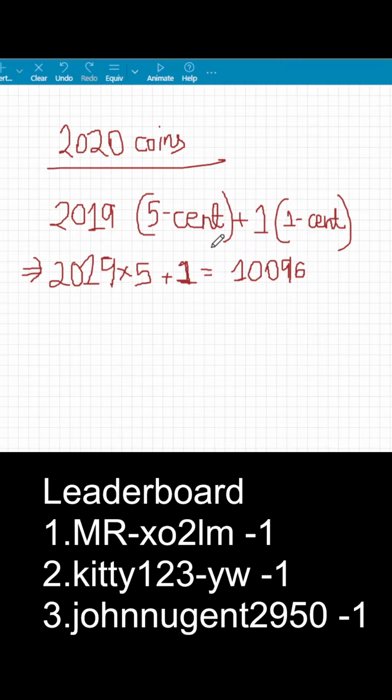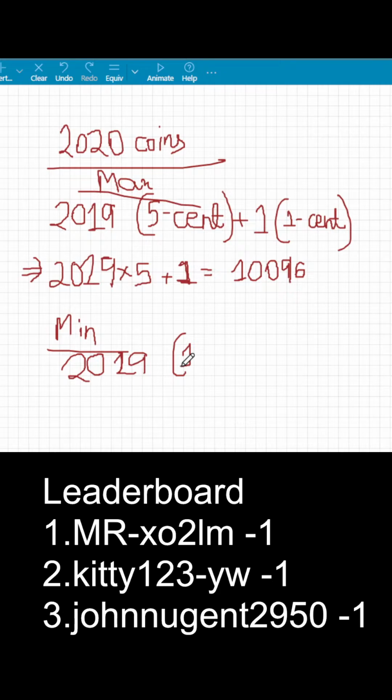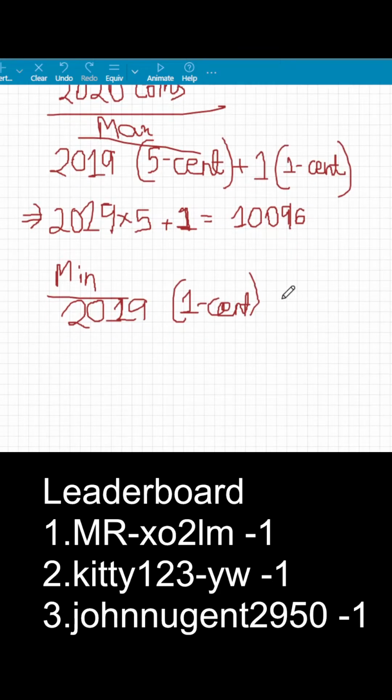Now the minimum he can have is if he has all 1-cent coins, but since he has to have at least one 5-cent coin, let us give him one 5-cent coin and 2019 1-cent coins. So the minimum will be 2019 1-cent coins plus a single 5-cent coin.